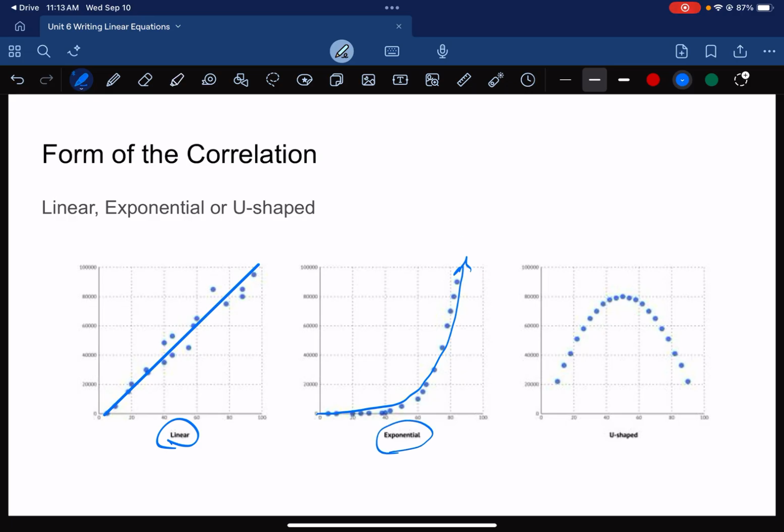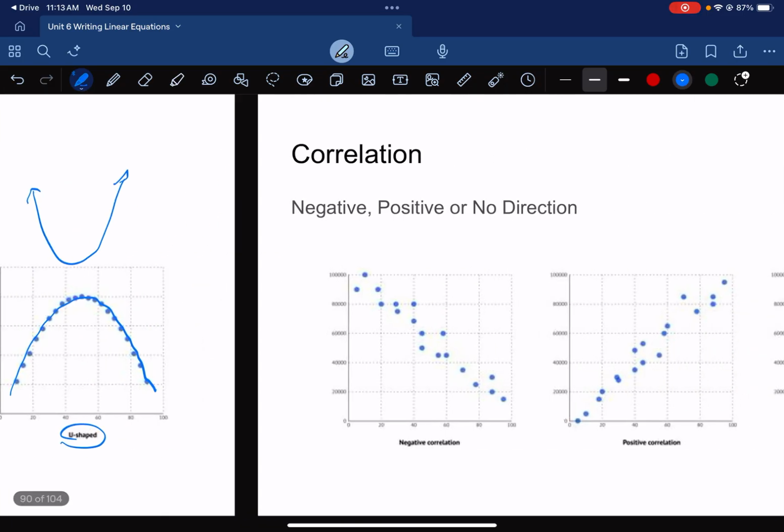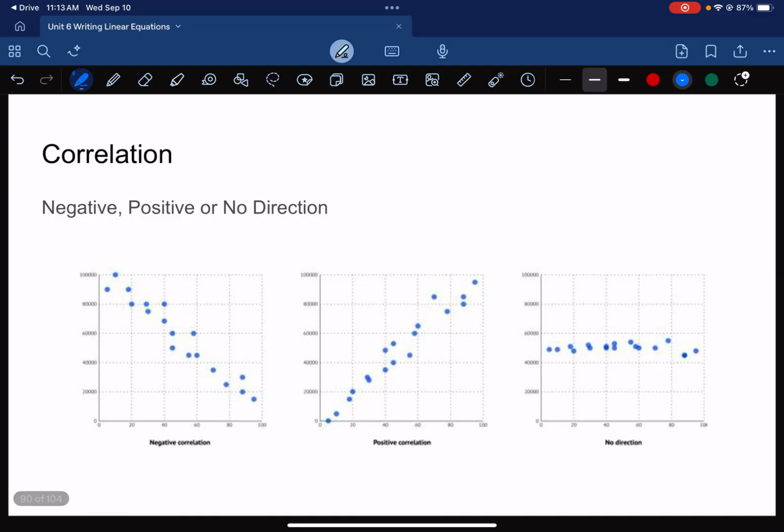That's exponential. And then there's a U-shaped distribution. So we either have a downward facing U or an upward facing U. That would also be a correct correlation for U-shaped. All right. So you also have negative, positive, and no correlation or no direction.